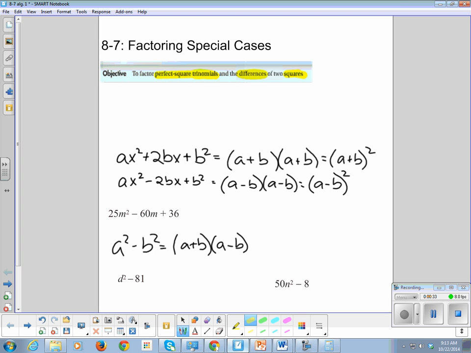So I want you guys to write down these little formulas. I'll underline it so it doesn't mess up. So ax squared plus 2bx plus b squared in factored form is a plus b times a plus b, and if you want to write it in shorthand, equals a plus b squared.